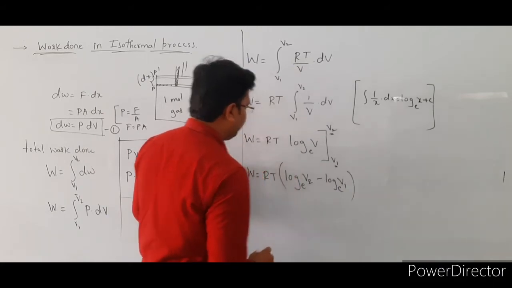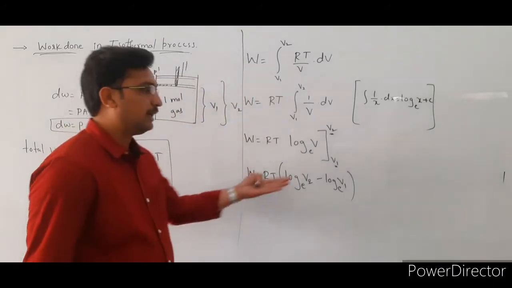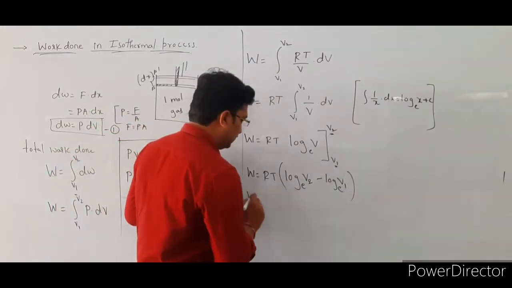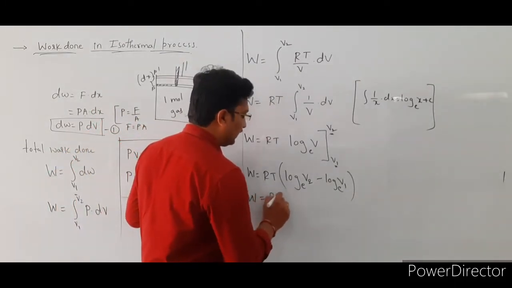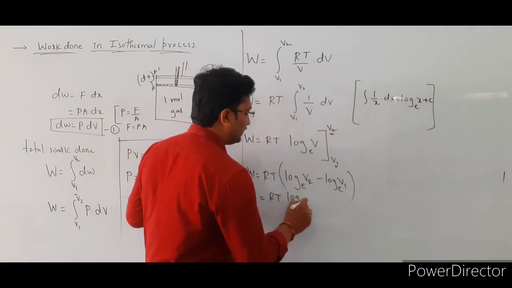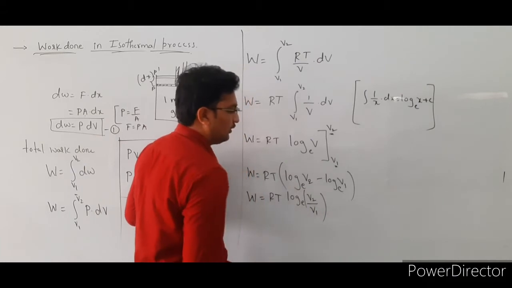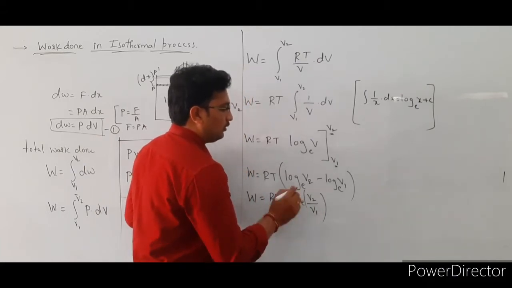Right? So then we already know that log A minus log B is equal to log A by B. So then the work done is equal to RT log base e V2 by V1, right? Here we are going to convert this log base e to base 10.